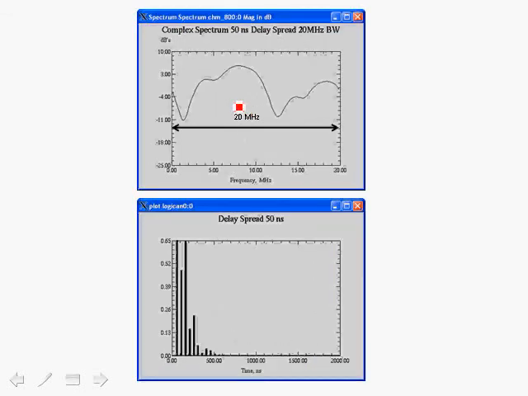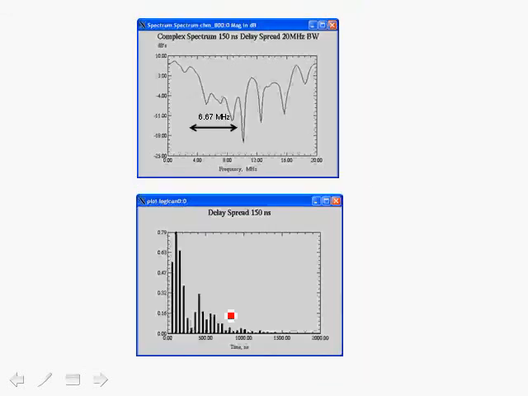Here we show the complex multipath channel's frequency response for an RMS delay spread of 50 nanoseconds. Here we show the power delay profile for 50 nanoseconds, and notice that the delay dies out around 500 nanoseconds, as compared to the case where the delay spread was 150 nanoseconds, and we have multiple received power signals beyond 500 nanoseconds.